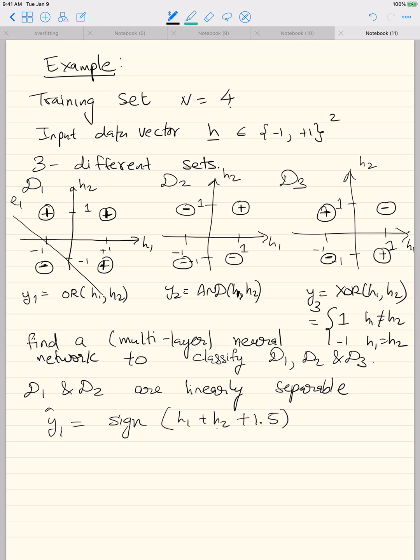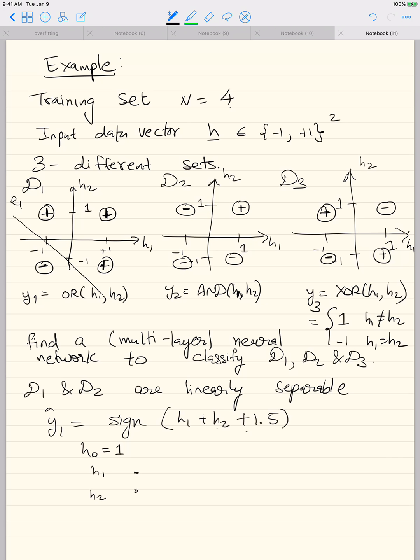When H1 and H2 are both plus 1, the argument is positive, and Y1 is plus, the label is plus. If H1 is plus and H2 is minus, or the other way around, the sum is 0 and the overall value is plus. And if both are minus, then this is minus 2 plus 1.5 and the label is minus. So this decision rule perfectly classifies the 4 data points in the OR function, and it can be implemented again using a single layer network.